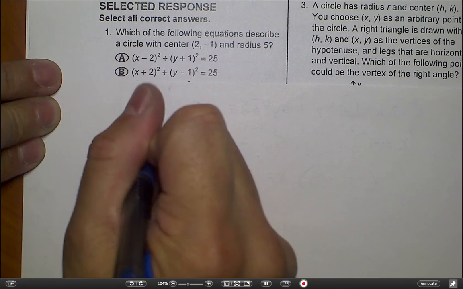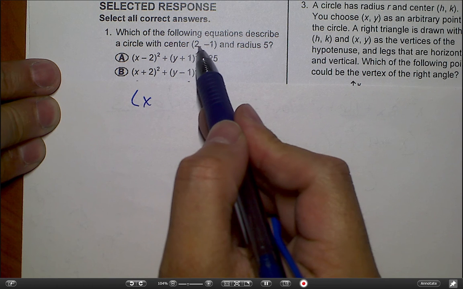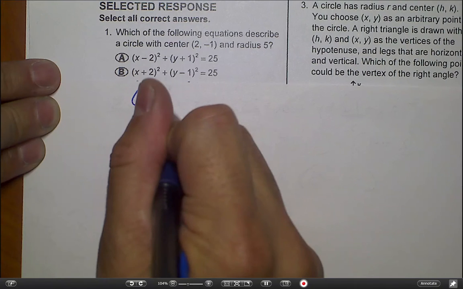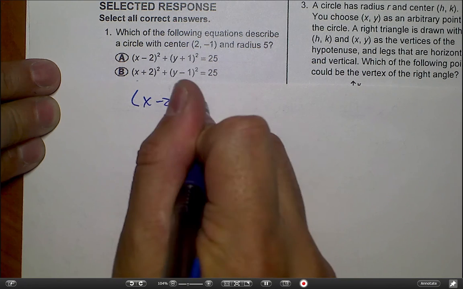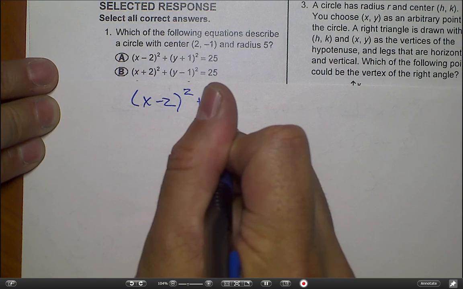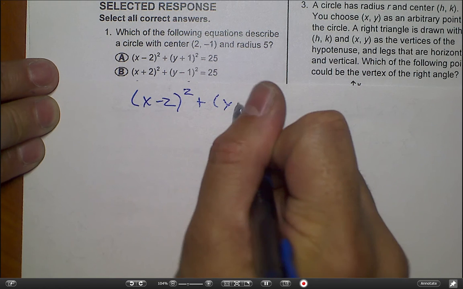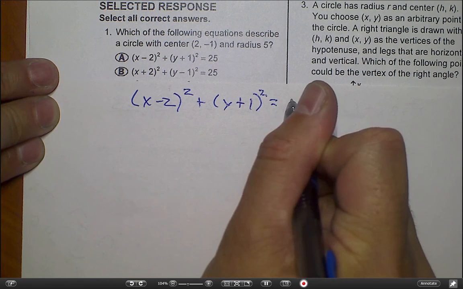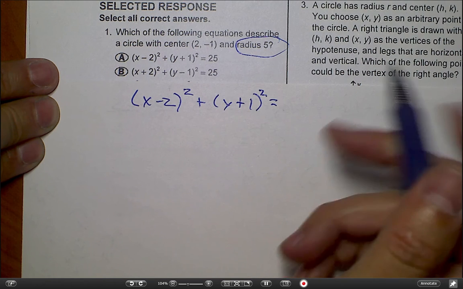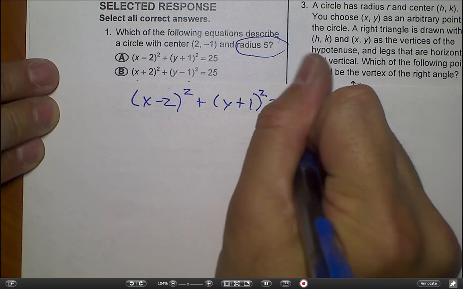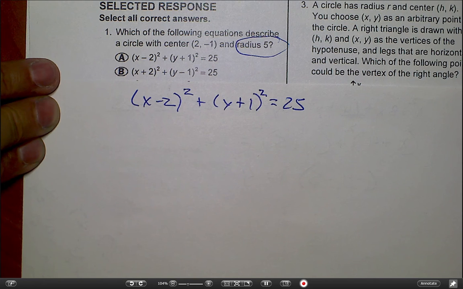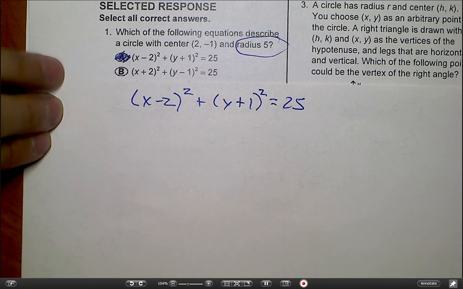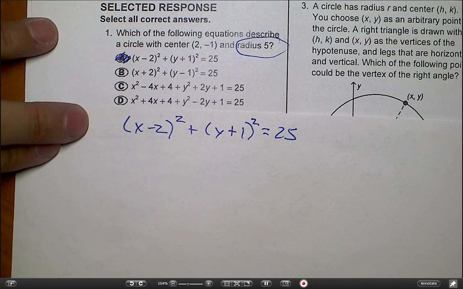So it's going to be (x minus 2) squared plus (y plus 1) squared equals, where do we get this? 5 squared, which is 25. That has to be answer A. Very good. That's A. Now, the next one, it's going to be C or D.